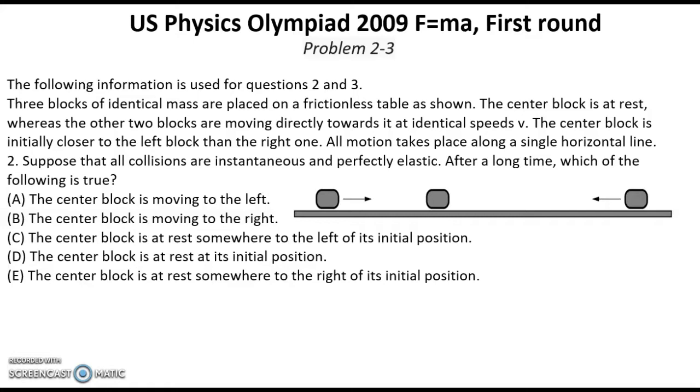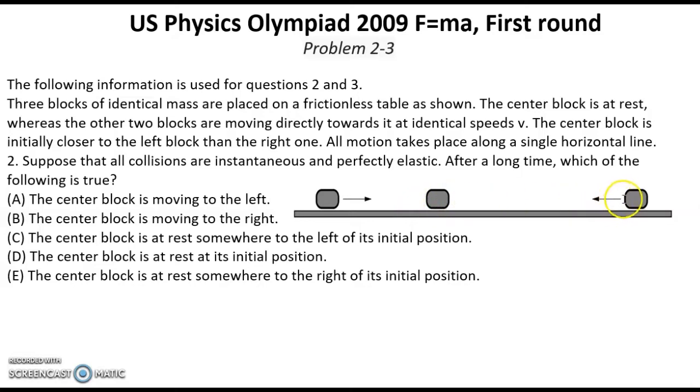Answer. Let's look at what happened here. First, because the left block is closer to the center block, they will collide before the right one collides. After the collision, they will exchange their velocity because they have the same mass, and the left block will stop, and the center block will go to the right with the speed v.